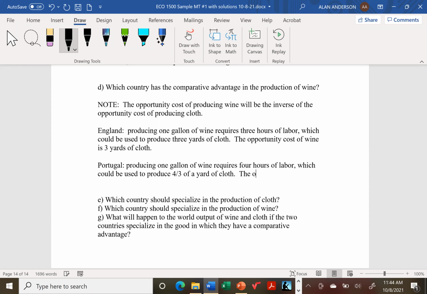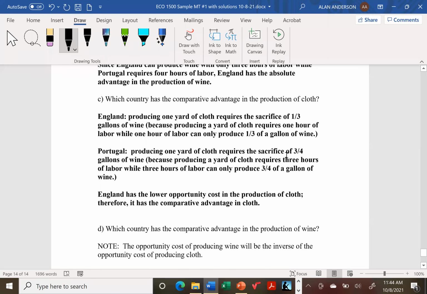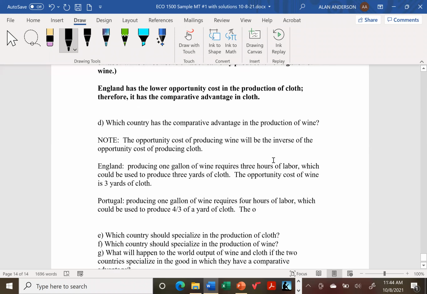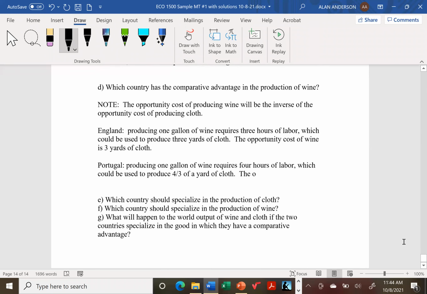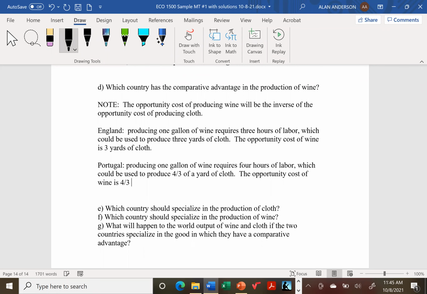So the opportunity cost of wine. And by the way, remember up here, their opportunity cost was 3/4. Now it's 4/3. So they're just inverses. So the opportunity cost of the wine is 4/3 yards of cloth.